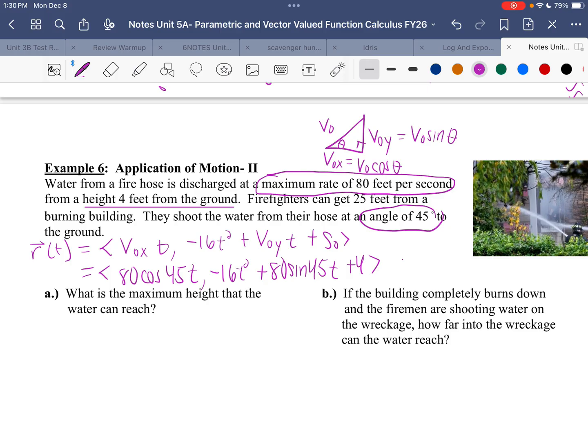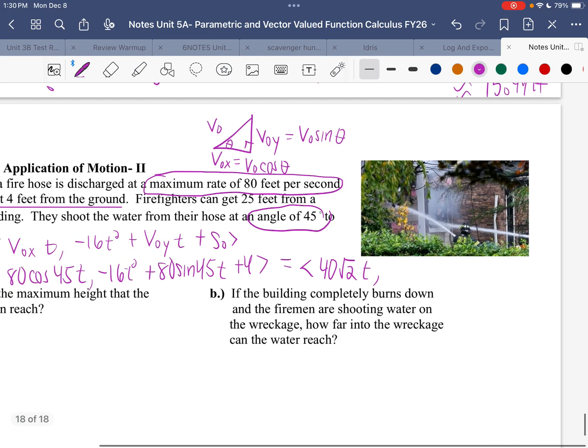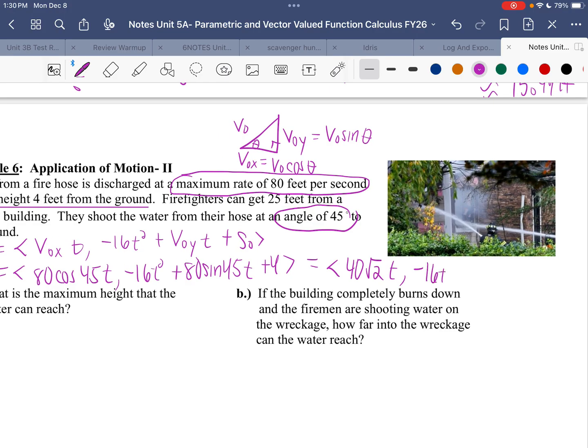Cosine at 45 degrees is square root 2 over 2 times that 80. We're going to have 40 square root 2 t, and negative 16t squared plus 40 square root 2 t plus 4.